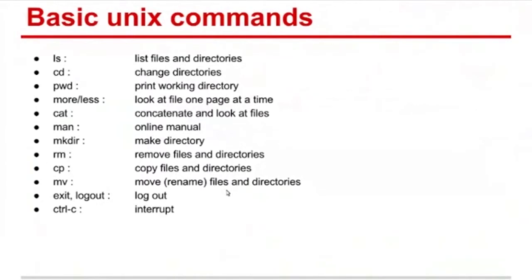Exit or logout will allow you to finish your session. Sometimes, depending on the way it's set up, Control-D also works. Control-C is an interrupt, so if you start something and it's just hanging, or you want to cancel it, you would type Control-C.